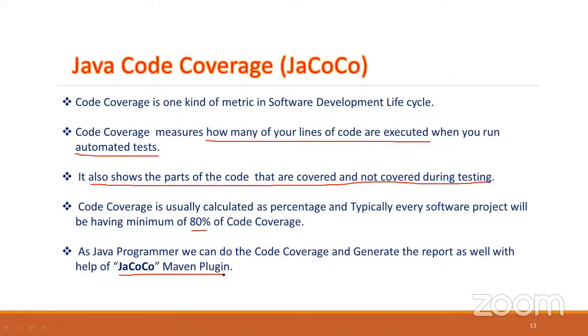How can you perform code coverage? Basically, code coverage is nothing but a kind of report. It gives you information about how many lines have been covered by your test cases.